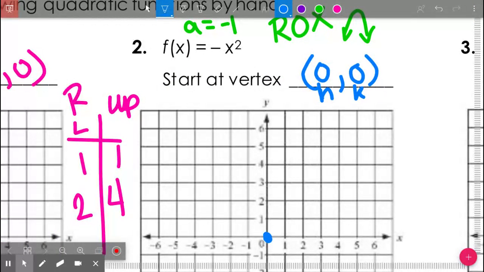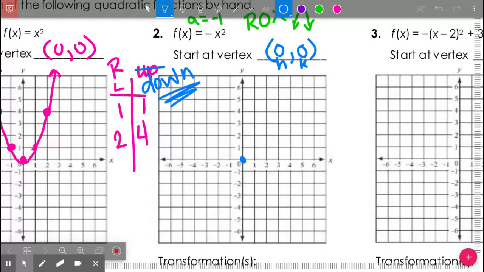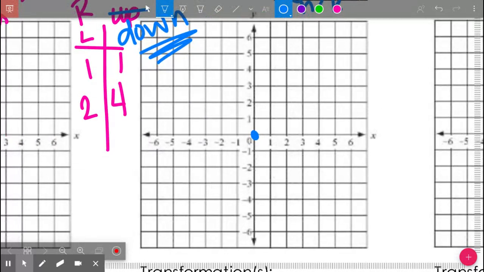Okay, but instead of going up, because I'm reflected, I'm going to go down. So if I go right or left 1, I'm going to go down 1. If I go right or left 2, I go down 4. And this is my beautiful reflection in the x-axis, which I totally just botched.